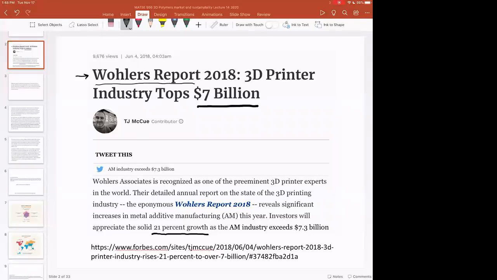So even though 7 billion seems like a big number to us, this is still a relatively small industrial market with high growth. And so that's something to keep in mind, is that additive manufacturing is still a real growth industry, but it's not huge compared to some of the other stuff that we're going to talk about, which means it's got a lot of potential.